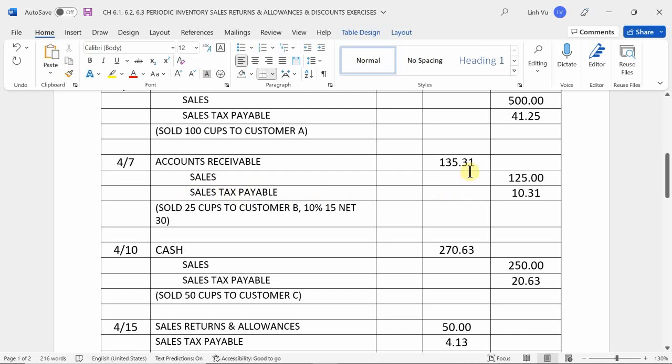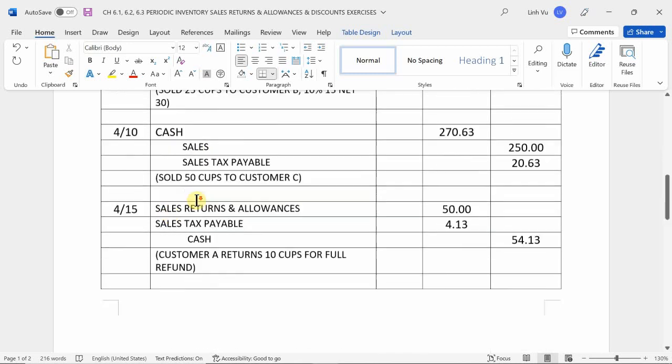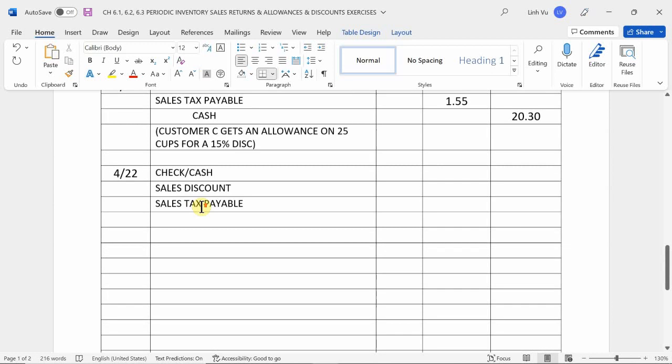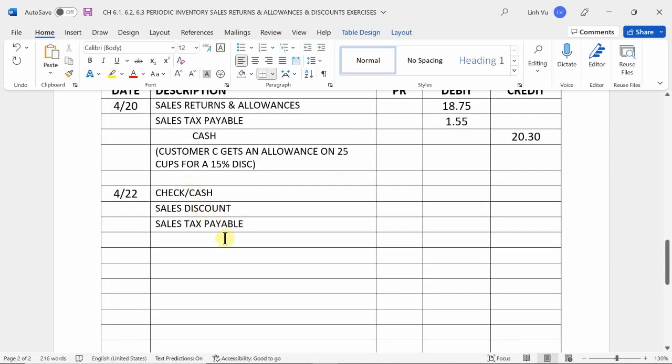Now that he's paying and getting a 10% discount, the sales is actually discounted. So we need to give the portion of the money back because the sales is being discounted. Okay? So therefore, good. That's what we have to do.